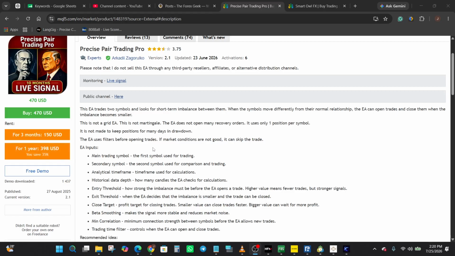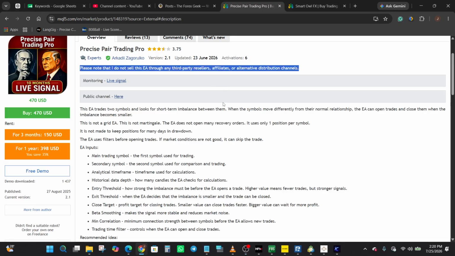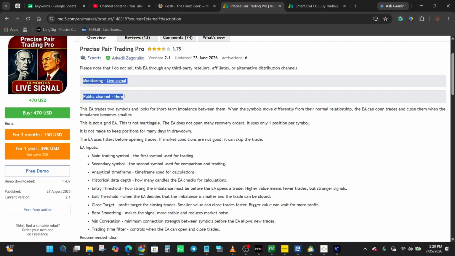The developer also notes clearly that this EA is not sold through any third-party resellers or alternate channels, and links to a live signal and public channel for monitoring are present here.